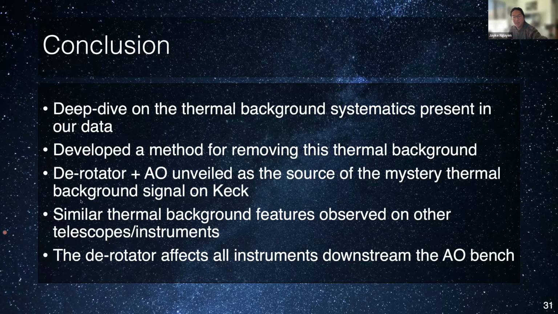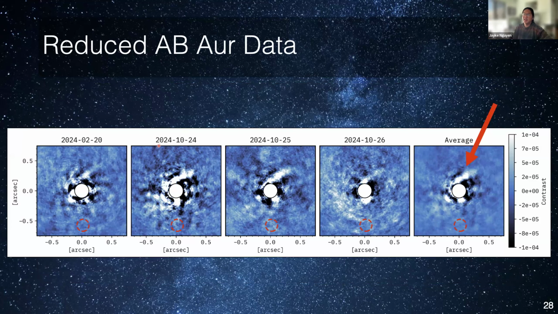Yeah, so I didn't mention it, but in this particular data set, we did try turning off the de-rotator. If you turn off the de-rotator, your PSF rotates on sky. But when I was talking to the Keck AO folks, what actually happens is that as your PSF is rotating, they're using a different reconstruction matrix for the AO system for a different angle of the de-rotator. The reconstruction matrices are built using calibration sources and so on, and each one is slightly different, so your PSF is slightly different at each angle.